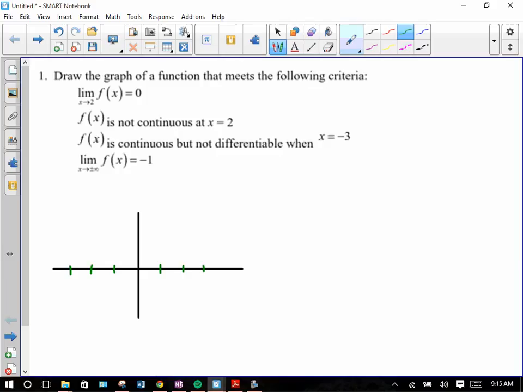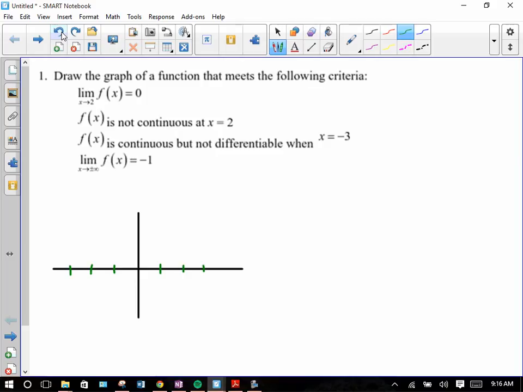So what's happening to the y values as x approaches 2? They're getting close to 0. Right? So we know that the y value of 0 is the x-axis. So as we approach x equals 2, the y value is getting close to 0. And since it is the limit and not the right-hand or left-hand limit, we know that both the left-hand limit and the right-hand limit approach the y value of 0 at x equals 2.